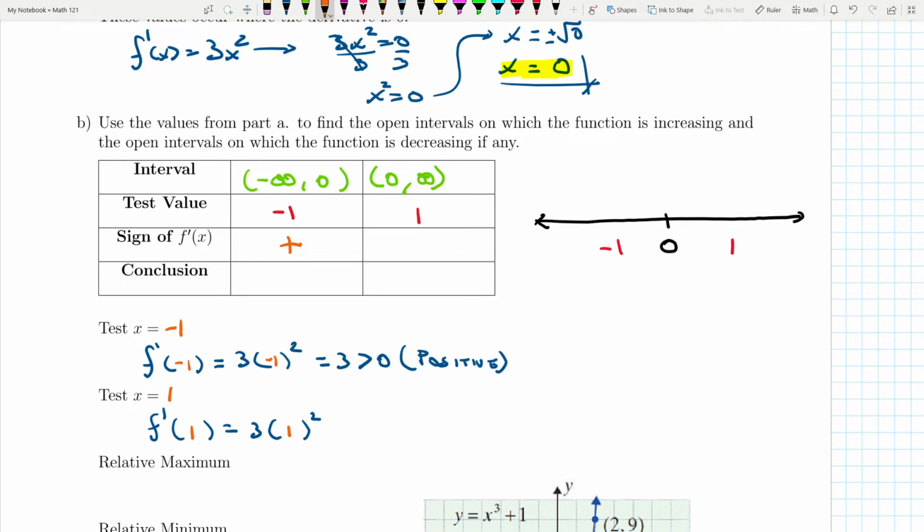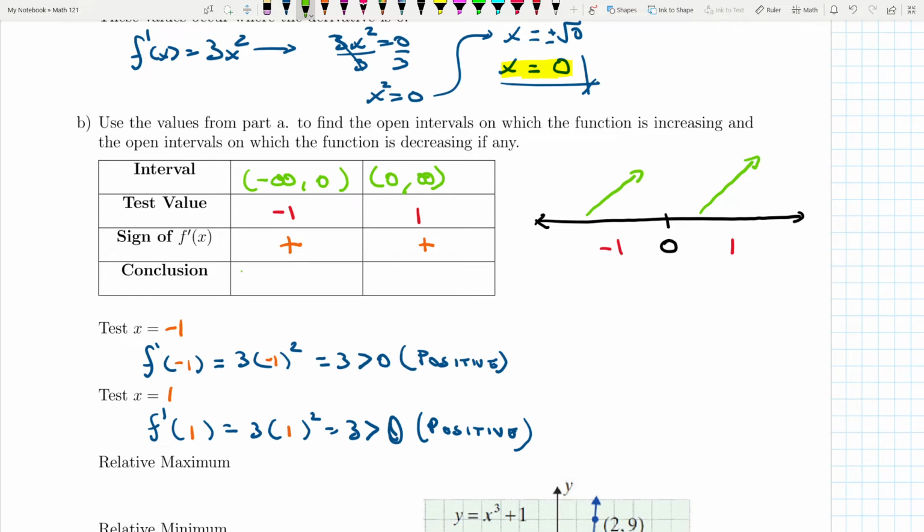For the second calculation, we have also 1 squared, which is 1 times 3, which is 3, which also happens to be greater than 0, or positive. Well, what is going to happen in this situation? When we go back to our number line right here, we will find out that this is increasing because the sign of the derivative is positive, and this is also increasing.